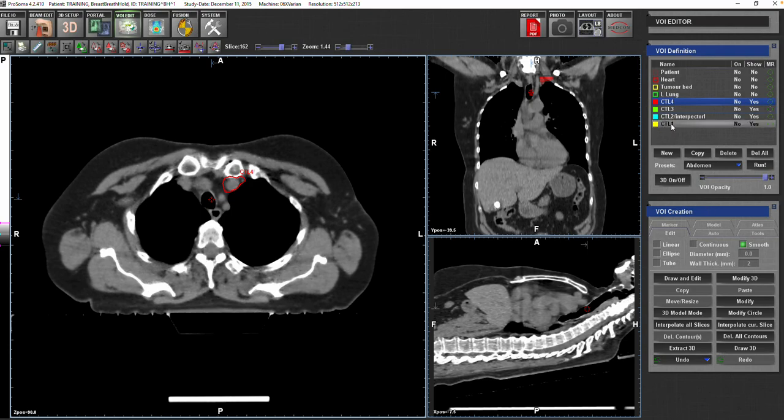The second step, I want you to go to CTL3, and we talked about CTL3.